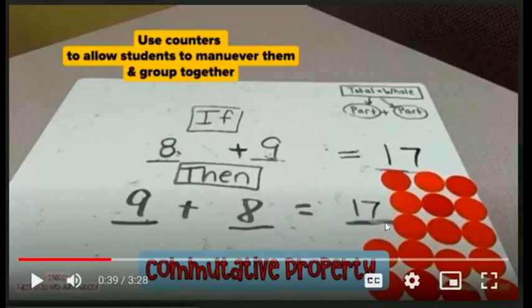This student might have an understanding of the doubles plus 1 strategy. So I know that 8 plus 8, which is hidden in 9, is 16, but 9 is 1 more than 8. So my answer has to be 1 more than 16, which would be 17. This is a great insight for you to have a discussion and see what the student was thinking.